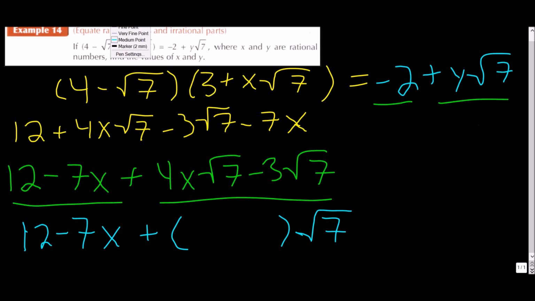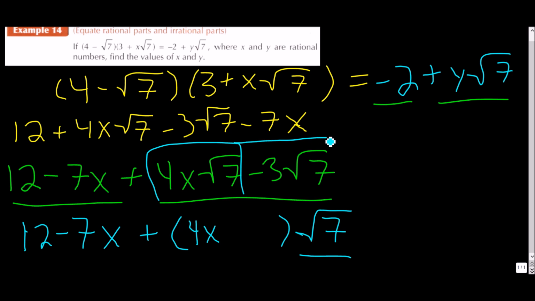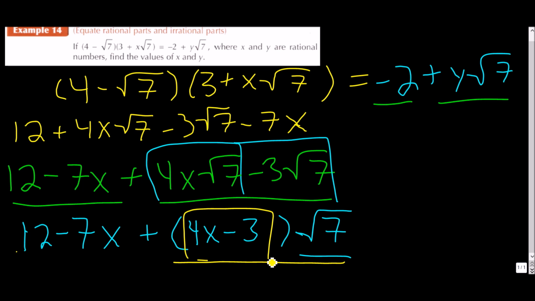It's going to make sense in a second. So if we take the square root of 7 away from 4x square root of 7, we get 4x. And if we take the square root of 7 away from negative 3 square root of 7, we get minus 3. Now, what this problem is trying to get you to do is link that because there's the square root of 7 over here, its coefficient, which is 4x minus 3, has to make y.